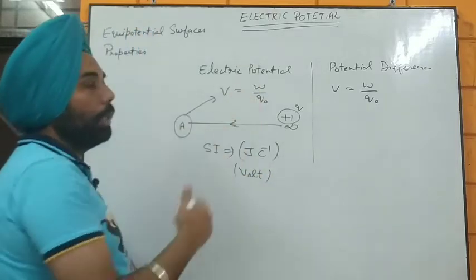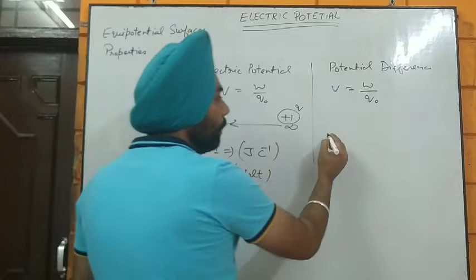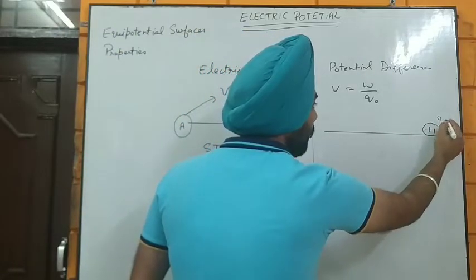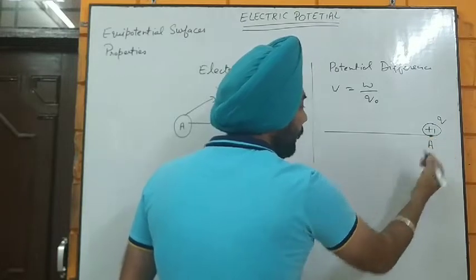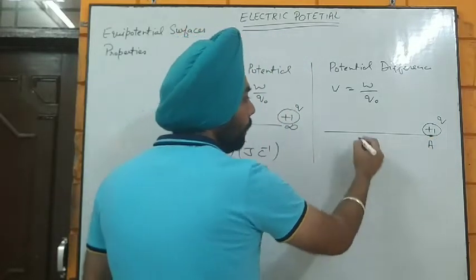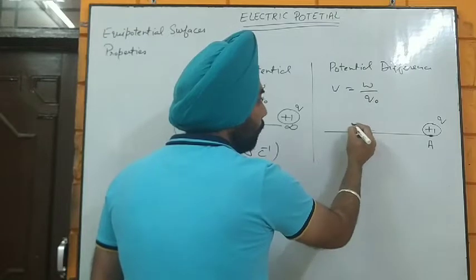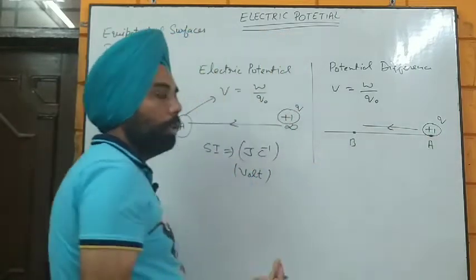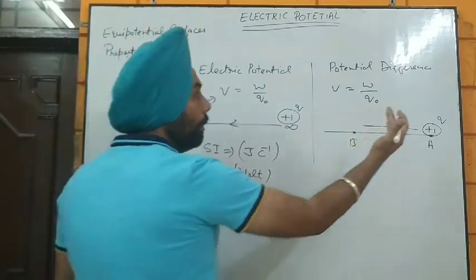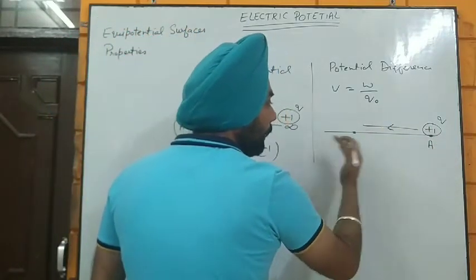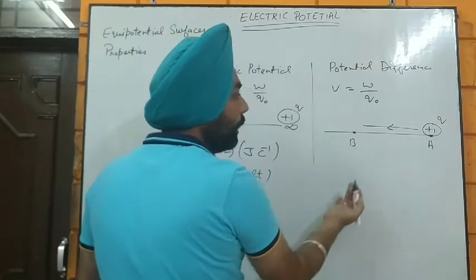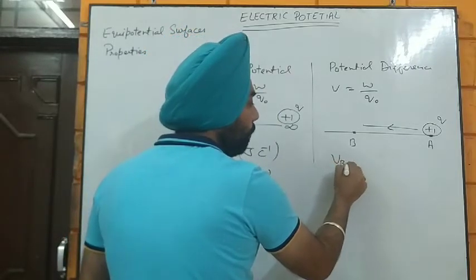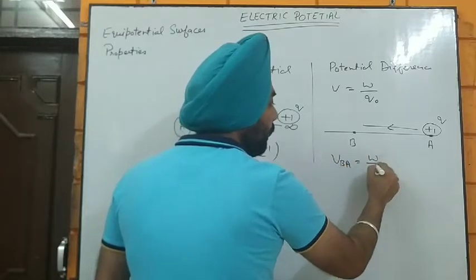Now, what is potential difference? If we bring a positive unit charge from a particular point, let's suppose A, to a particular point B, then the potential is going to be potential difference, which can be taken as V_BA, which is again work upon charge.